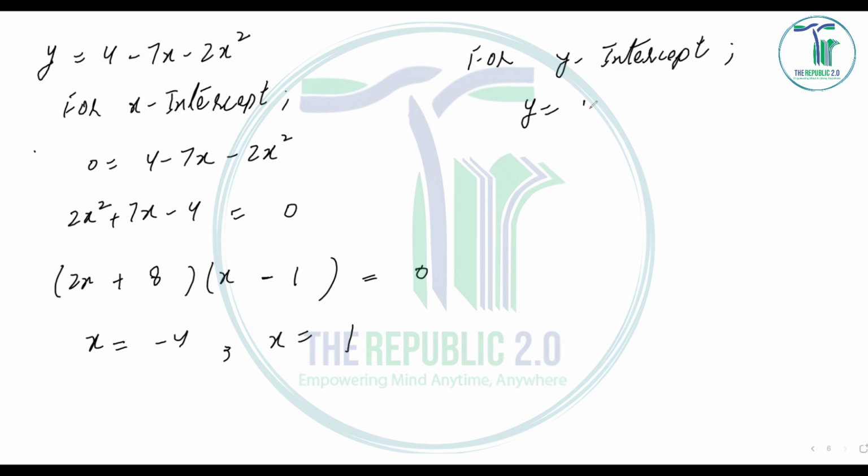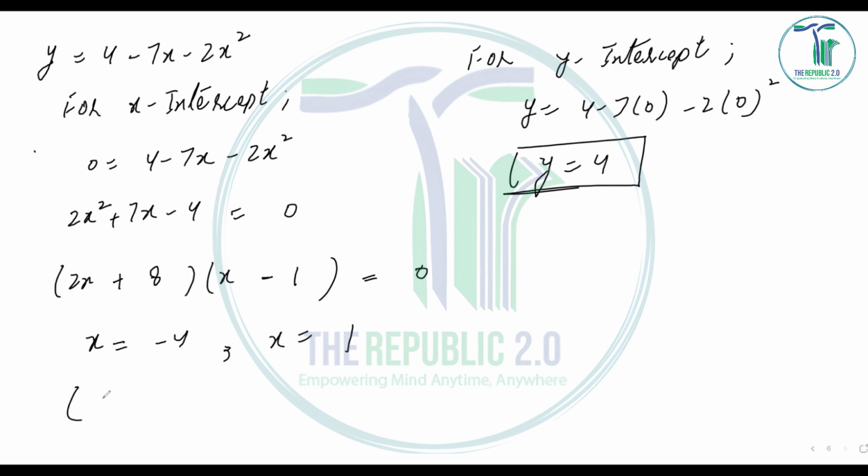So y is equal to 4 − 7 times 0 − 2 times 0², so I should be having y equal to 4. So I've got the y-intercept. I've got the x-intercepts, which are (−4, 0) and (1, 0). I've got the y-intercept, which is (0, 4).